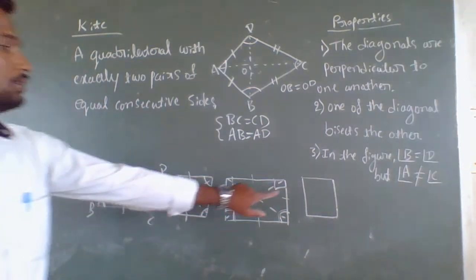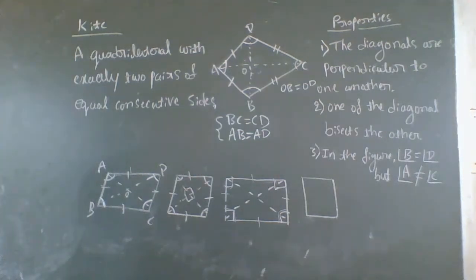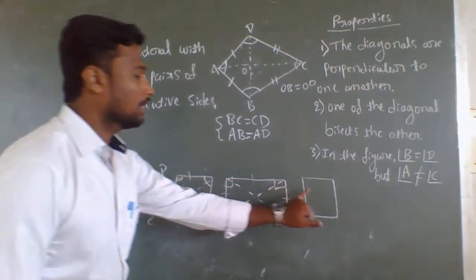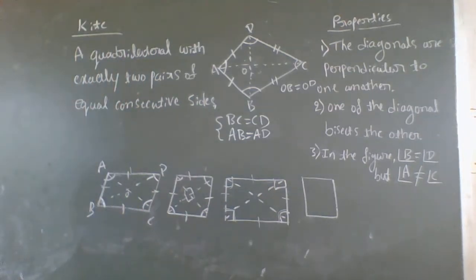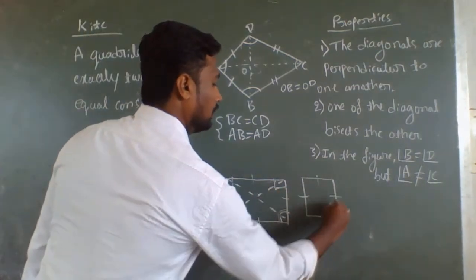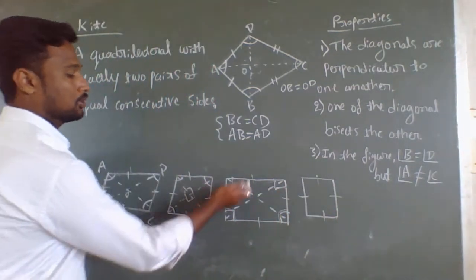And the next one is the square. What is the difference between a rectangle and a square? In a square all the sides are equal to each other, but in a rectangle only opposite sides are equal.